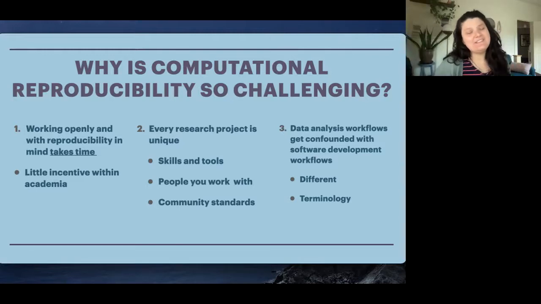But the terminology that is used is often the same, and it's never really teased apart what the terms mean, what's synonymous, what's analogous, and what you need to know versus what you want to know, or how you frame the whole landscape of what you're doing. You don't need to know computer science to make a reproducible workflow, but you couldn't tell that by how sometimes the terminology is used.